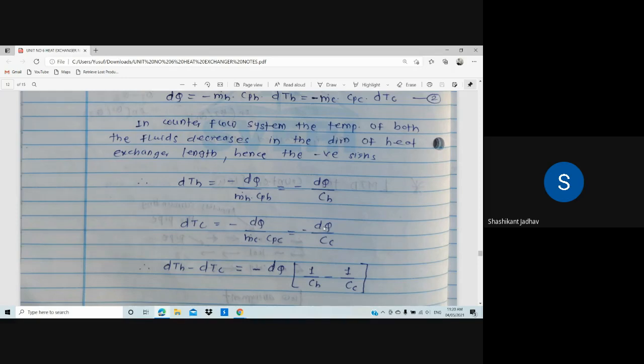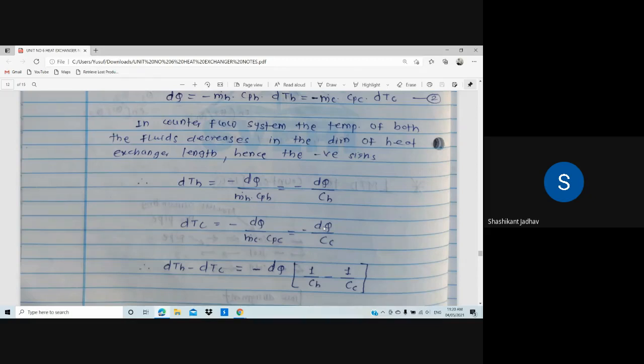As we know, mass flow rate and specific heat, that product is nothing but heat capacity. So we have to write the equation in the form of heat capacity. For heat capacity the notation is capital C, and for the specific heat the c is in small letters.